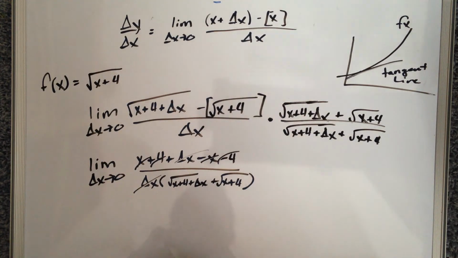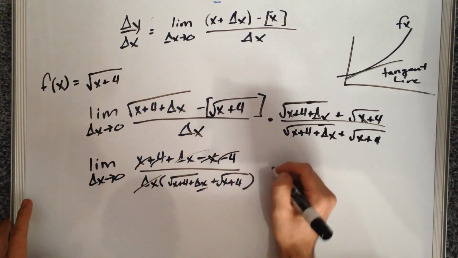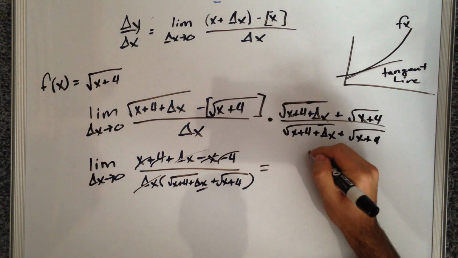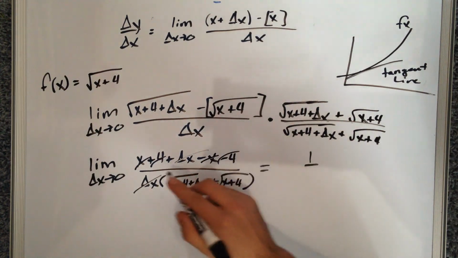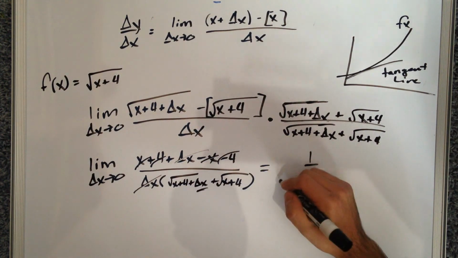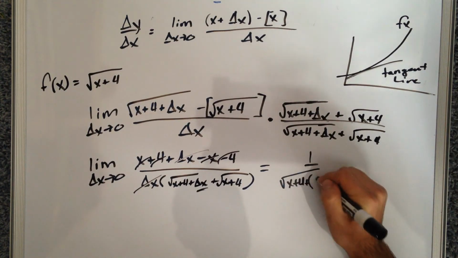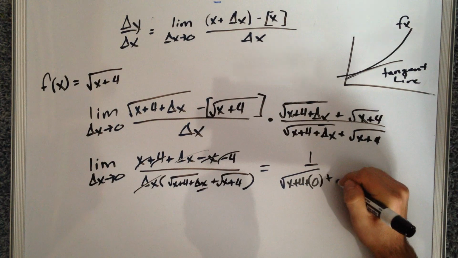All we gotta do now, we gotta simplify. We gotta substitute 0 in for the remaining delta x's right there. And we're good to go. Calculus, baby. Boom. So we substituted in. We no longer have to rewrite limit. 1 over. There's nothing left on top. It's just a 1. 1 over the square root of x plus 4 plus 0 plus x plus 4.